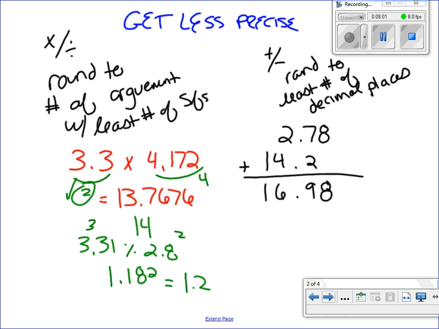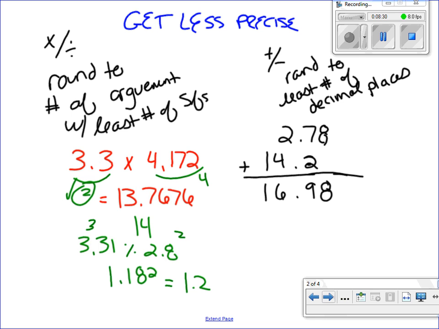I'm going to round this to the argument that has the least. Not sig figs, they both have 3 sig figs, but decimal places, because adding and subtracting are different. This one has 2 decimal places. It stops being significant right here. This one stops being significant right there. Let me rewrite that 2 and fix that 8.